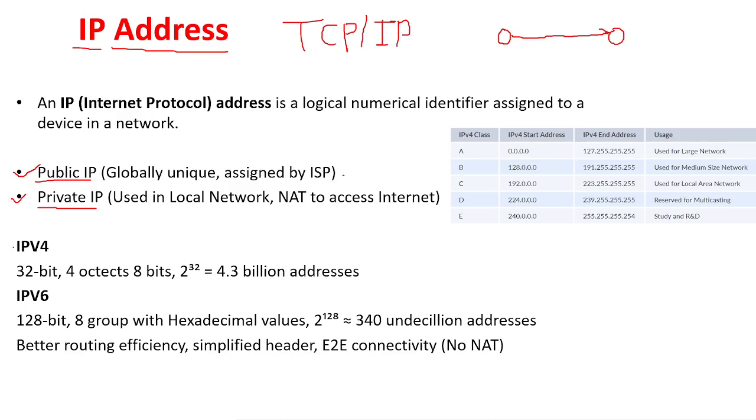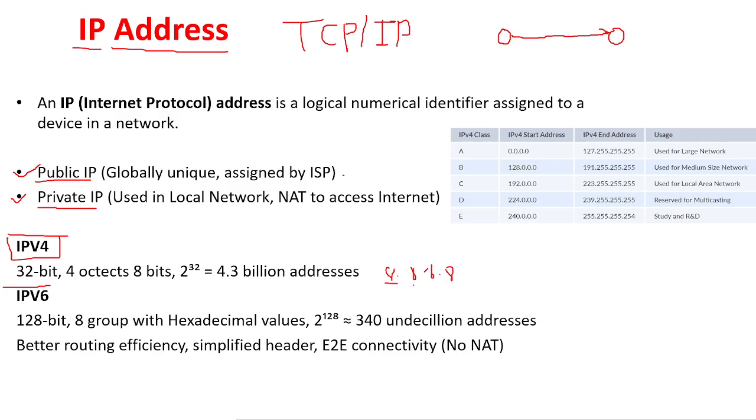Then if you talk about the size of the IP address, based on that we have two categories, IPv4 and IPv6. The IPv4 is a 32-bit address containing 4 octets, each of 8 bits. It is something like 8.8.8.8.